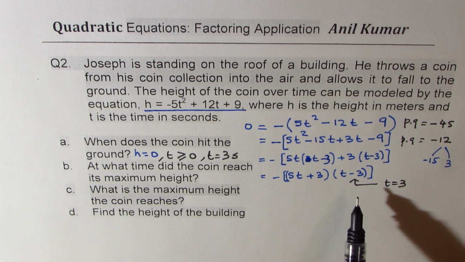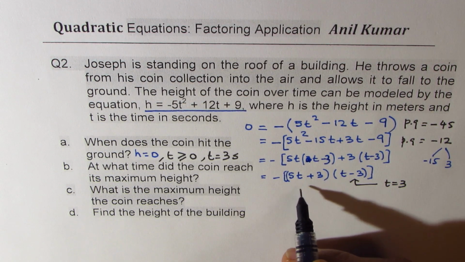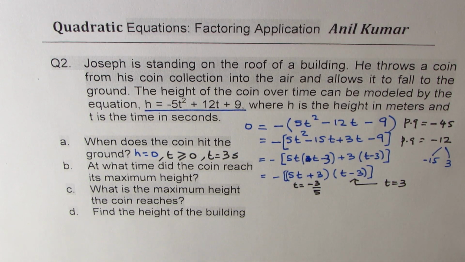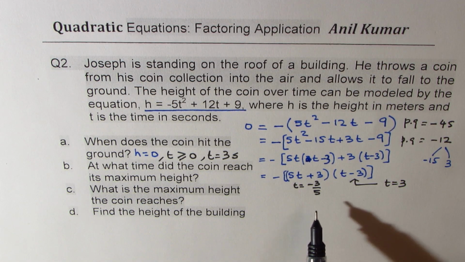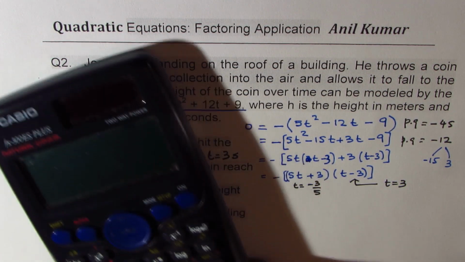So middle of these two values, which gives you 0, here you get 0 at t equals minus 3 over 5. Correct? So that is one of your zeros. This is the other 0. So let's write them in decimals and find the center value. It'll be easier.